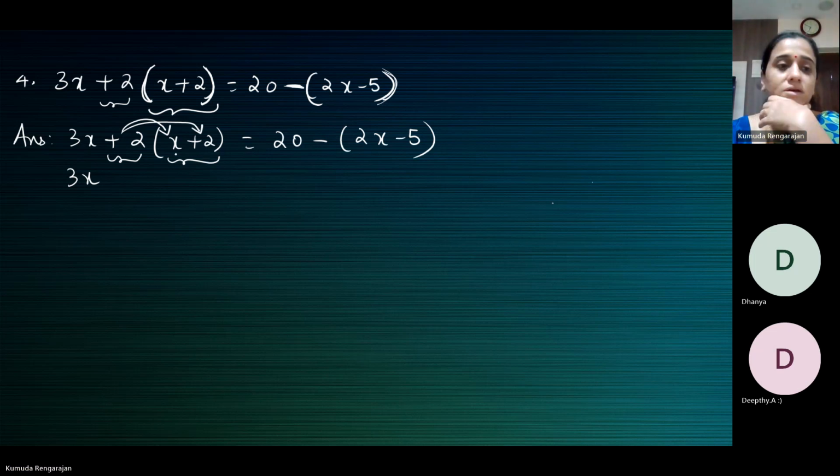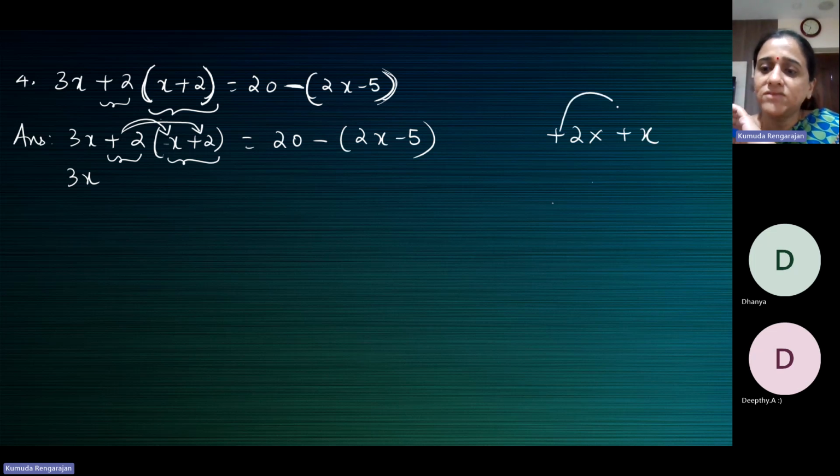Correct? So plus 2 into x. What is the sign that x carries? What is the sign before x, not after, before x, inside the bracket? Before x there is no sign, so it's plus. So it is plus 2 into plus x. Plus into plus is plus. 2 into x, 2x.